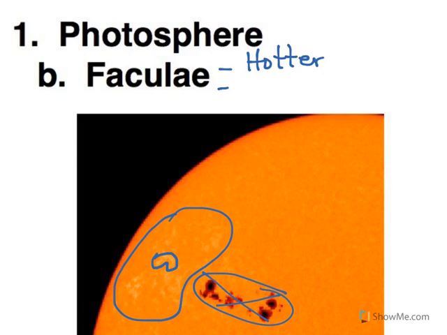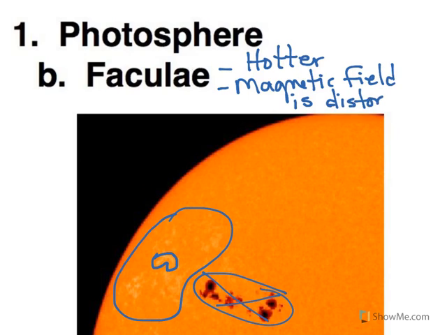And these are regions where the magnetic field is distorted. And so the more distorted the magnetic field, the more faculae you're going to see.